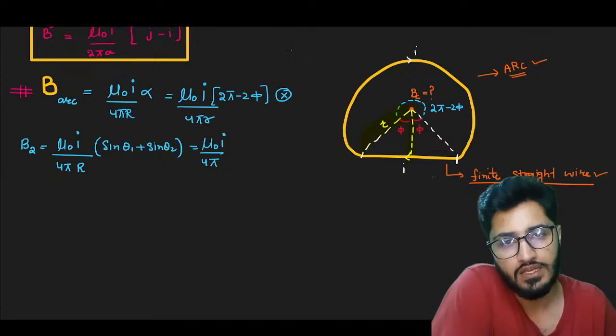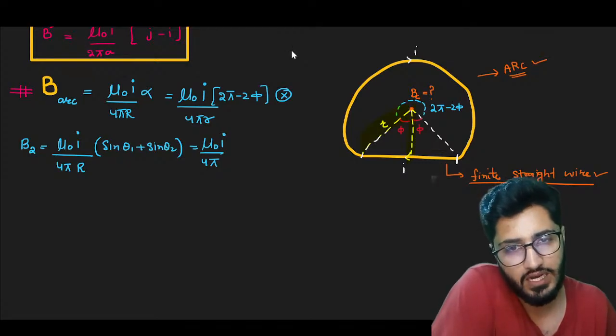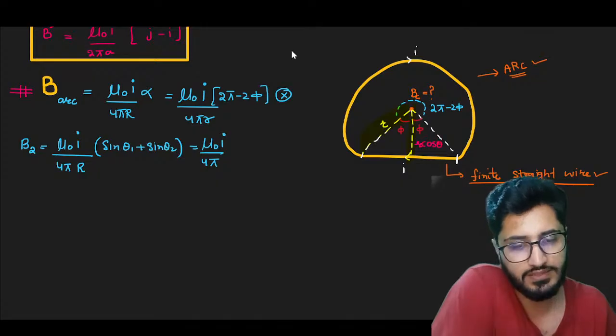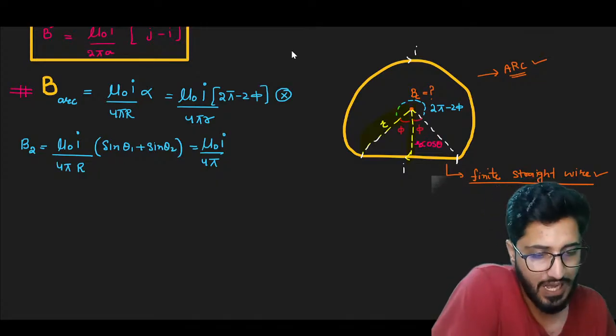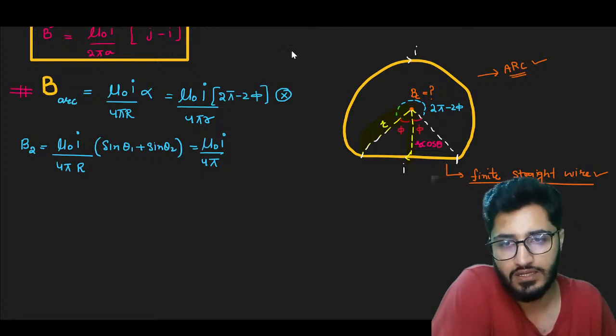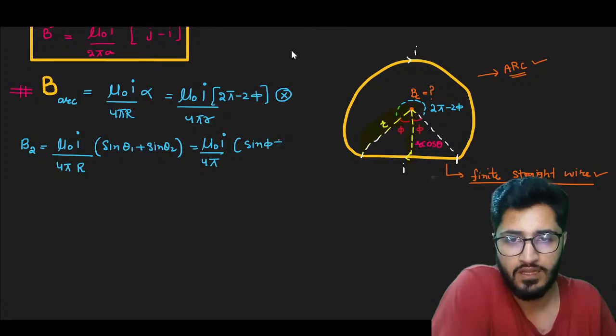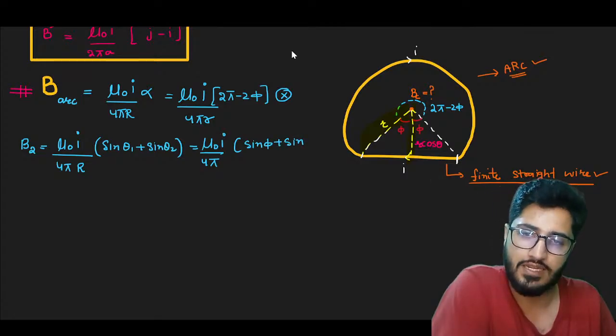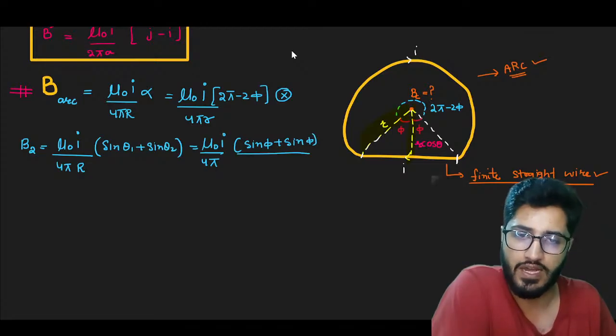If this is r, so I guess this one comes out to be r cos theta. Yes, this one comes out to be r cos theta. So what I can write here now, it is mu naught I, and sine phi, theta 1 is also phi, theta 2 is also phi, sine phi plus sine phi divided by r. Instead of r, I will write r cos theta.